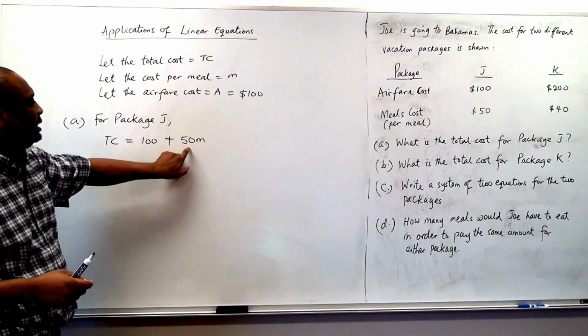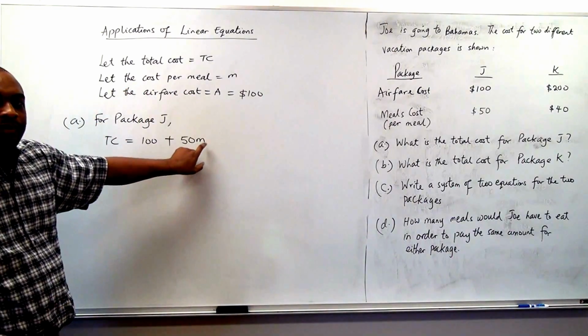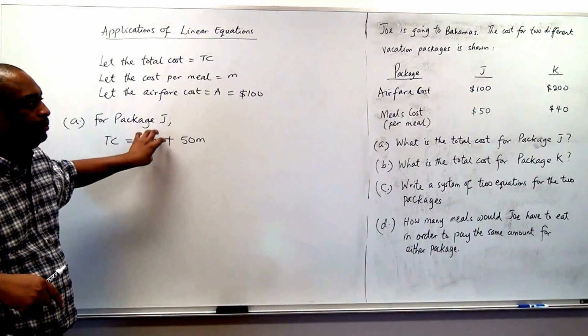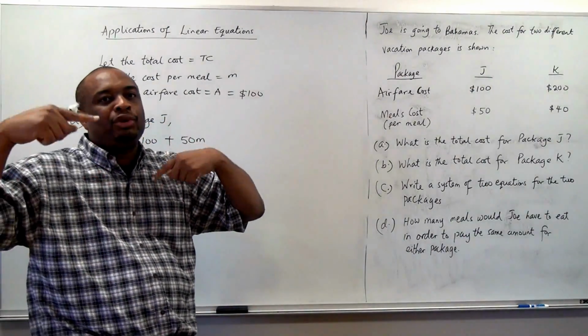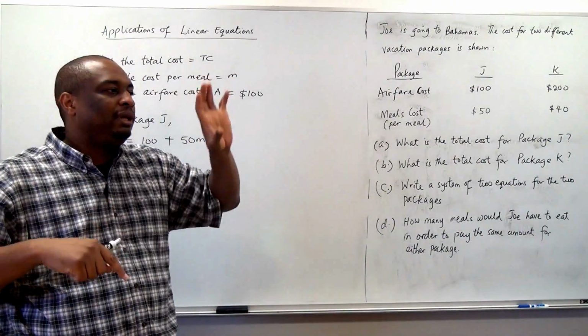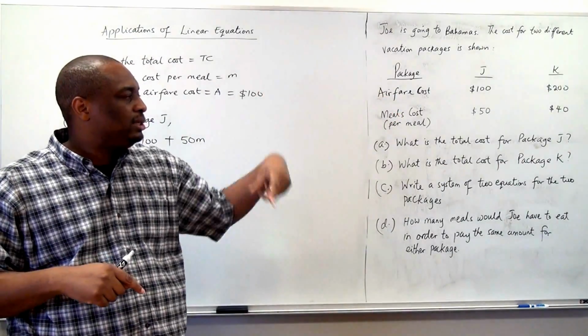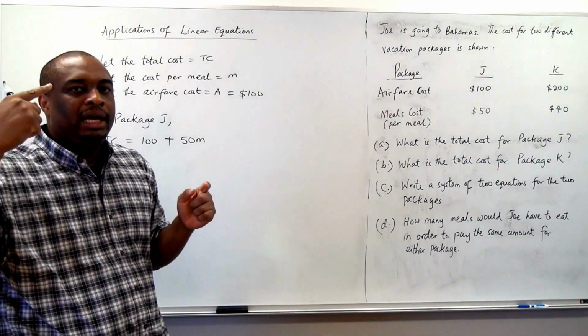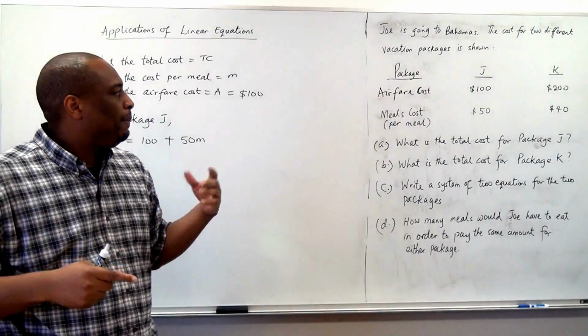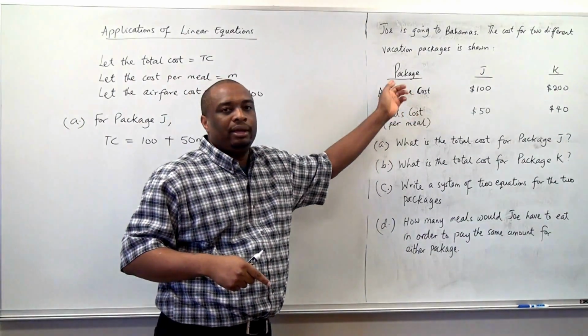So this is per meal. That's why it's variable. This is fixed already. Now if they said airfare cost per travel, maybe if he travels to this would be how much he pays. If he travels to this is how much he pays, then it's going to vary. But they didn't say anything per travel.